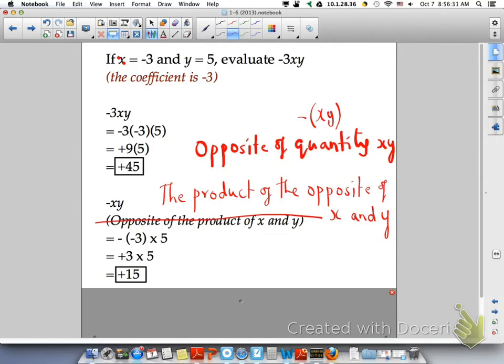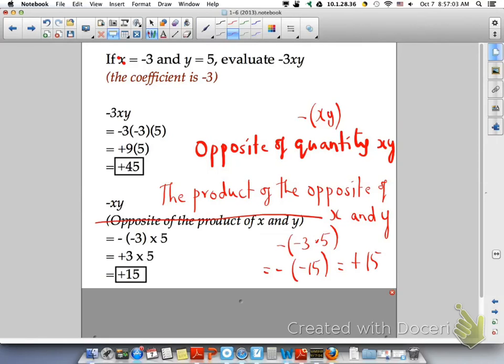Now, in this case, let's try if we get the same result. So we said the opposite of, what is x? Negative 3 times positive 5, which will be the opposite of negative 15, which will be positive 15. Now, we do end up with the same result. But is it always going to be the same?